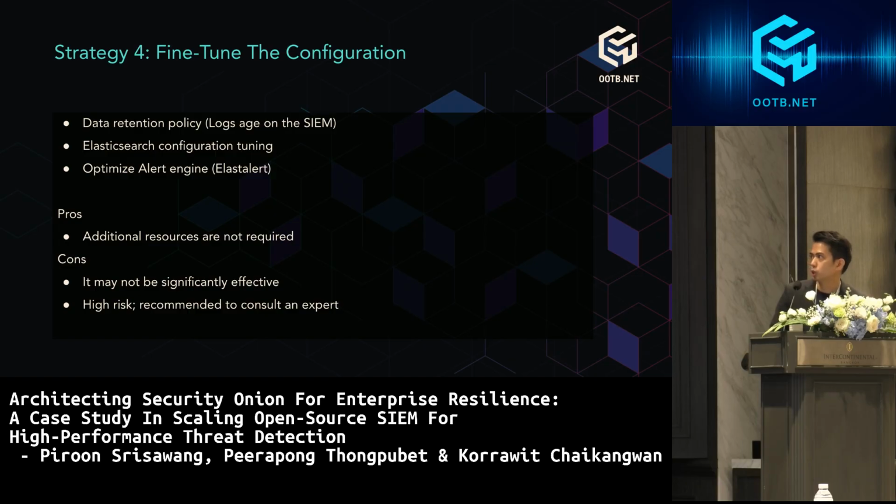The first one is to change the data retention policy in the SIEM. The second one is to modify the Elasticsearch configuration, and the last one is to optimize the alert engine on Elasticsearch. The advantage of this method is that it does not require more resources, but it may not be as effective.